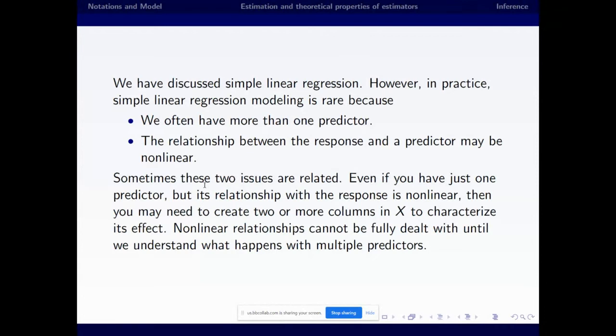The second thing is that the relationship between the response and the predictor may be nonlinear.